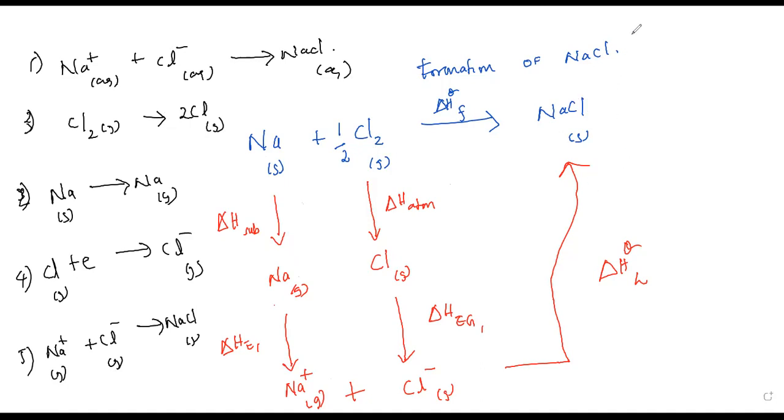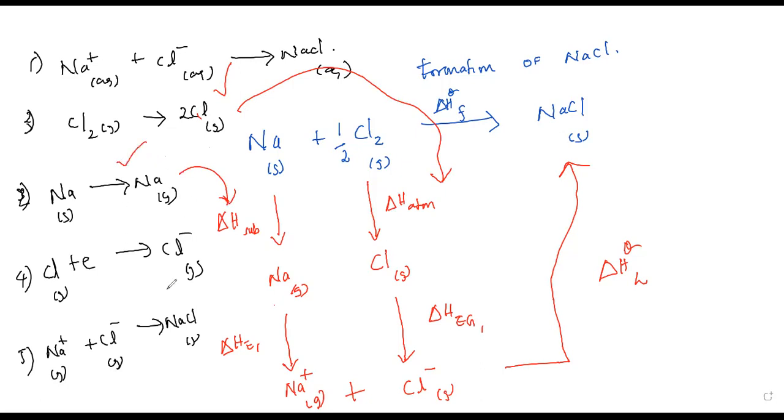The Born-Haber cycle speaks about the formation of the lattice energy. You can see your second answer, Cl2 gas becoming 2Cl. This is called atomization. So this is correct. Look here, Na solid becoming Na gas, yes, that is sublimation.